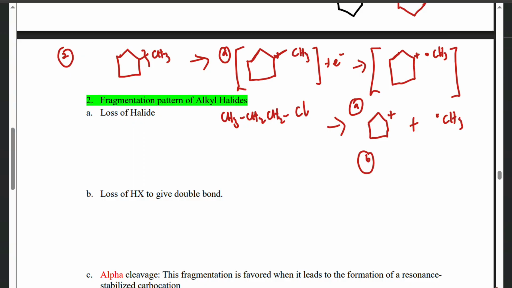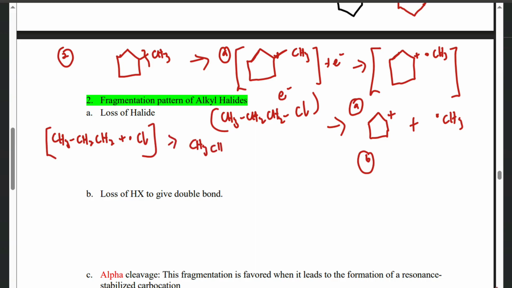You lose the halide. So when you ionize this, you have a positive charge and a dot Cl, right? Which therefore gives you CH3, CH2, CH2 positive plus Cl radical, right? So that's the first product.